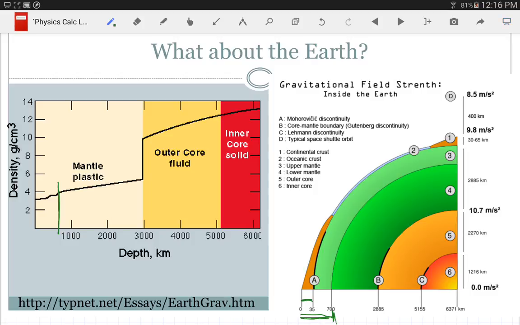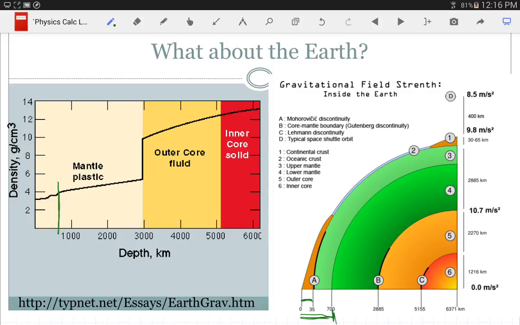Now, just a little bit of geology, because you probably don't know all of these things. If you go through the layers of the Earth, you of course have at the top the crust. At the bottom of the crust, you have the Mohorovicic discontinuity. It's where you essentially change from the kind of stuff the crust is made out of to the kind of stuff the mantle is made out of.